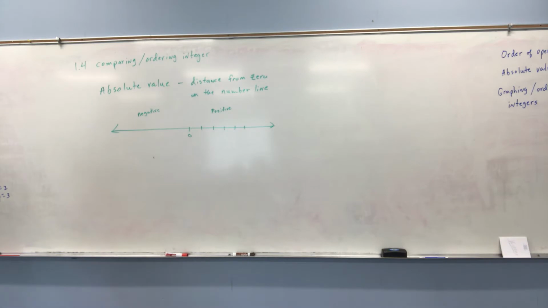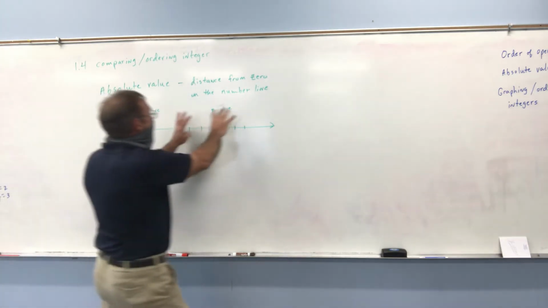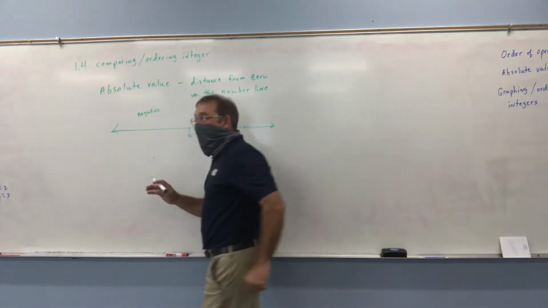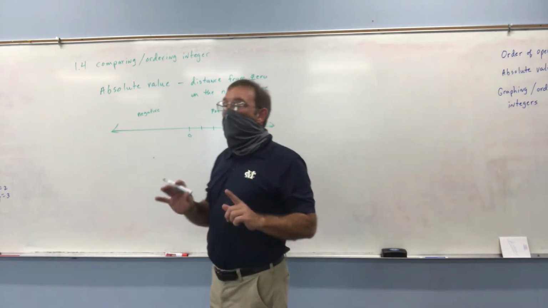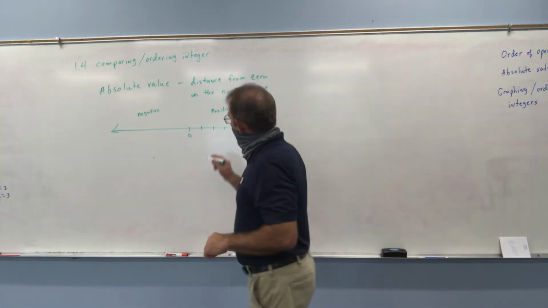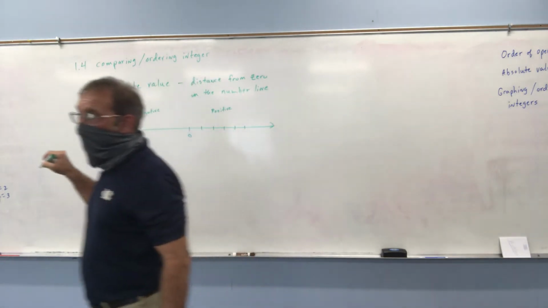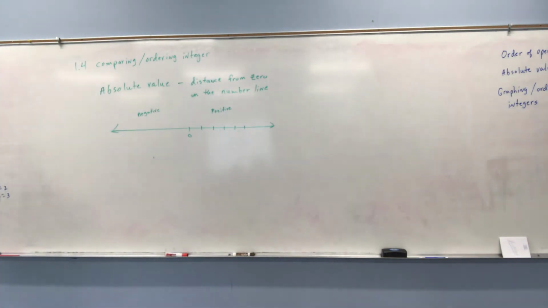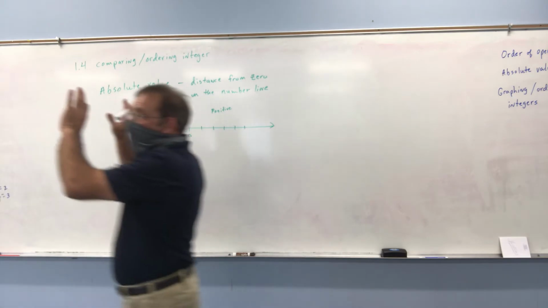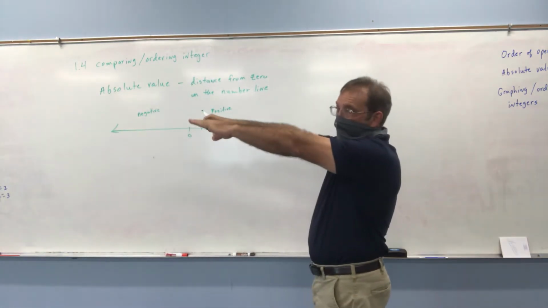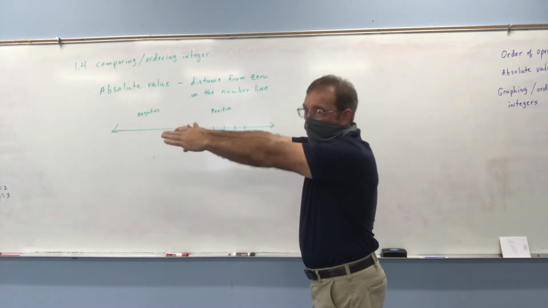Completely in order. What I mean is, not just that the positives are on one side and the negatives are on the other side, but anywhere on this number line, a point that's to the right of another point is going to be bigger. Imagine going this way to infinity.